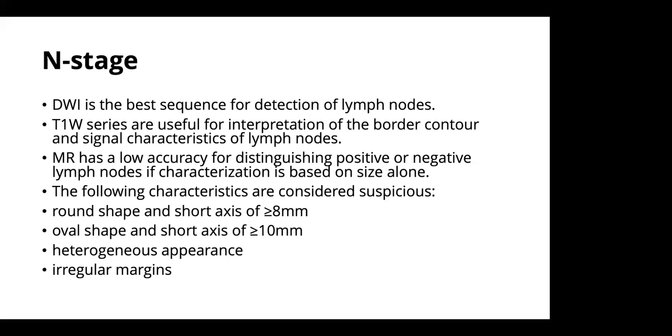For that reason, lymph nodes which have an oval shape have a slightly different criterion, which is 10 millimeters or more, versus totally round lymph nodes for which the criterion is greater than 8 millimeters. This, and the heterogeneous appearance or restriction in the lymph node, makes them suspicious for possible metastasis.